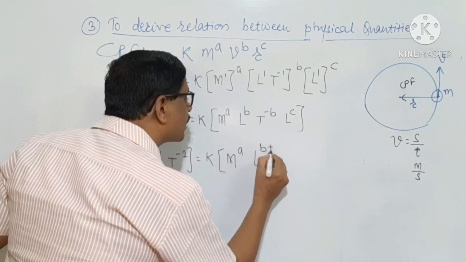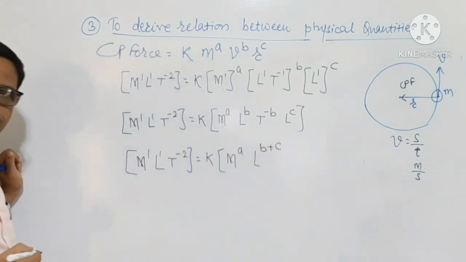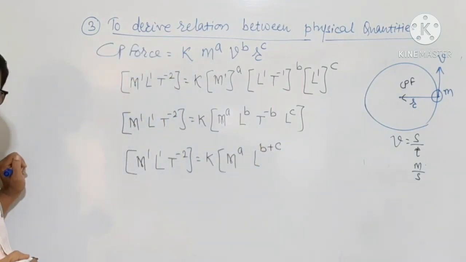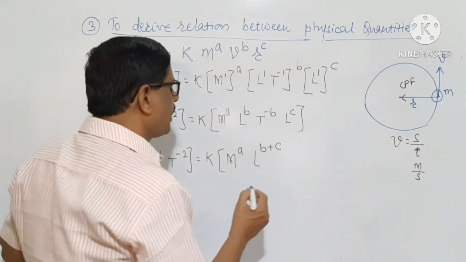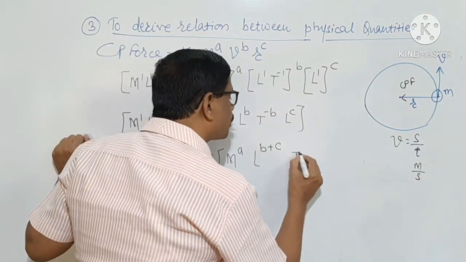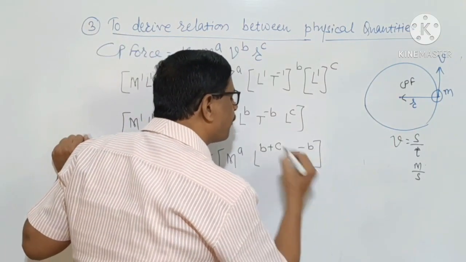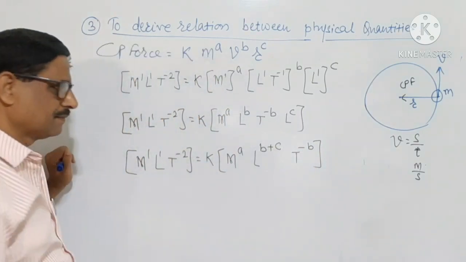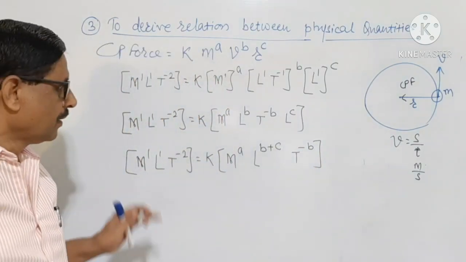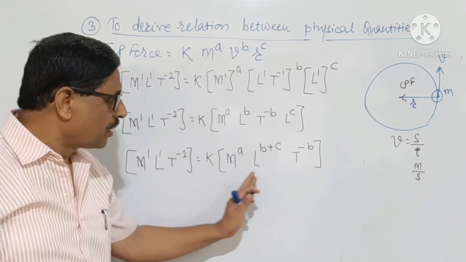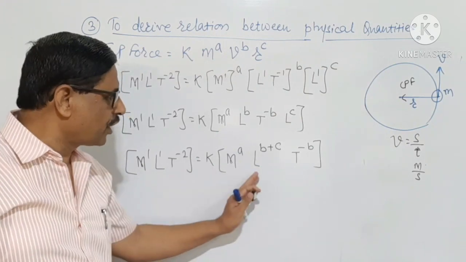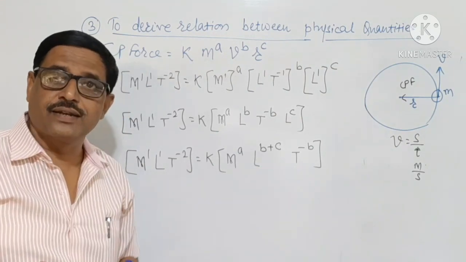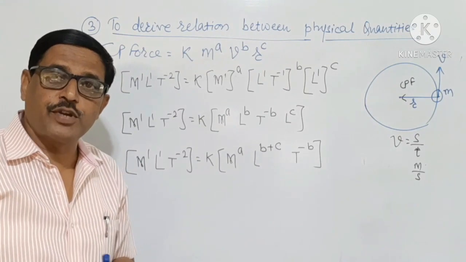Therefore, it is L raised to b plus c, and at the end, t raised to minus b. Now, you will see on either side of the equation the dimensions are written, and equating these dimensions we will write.